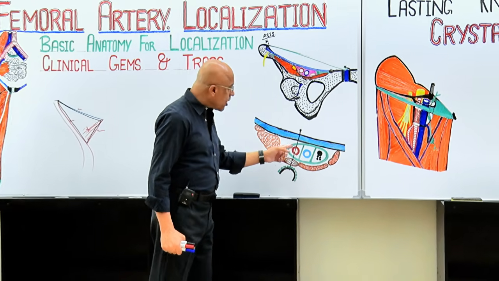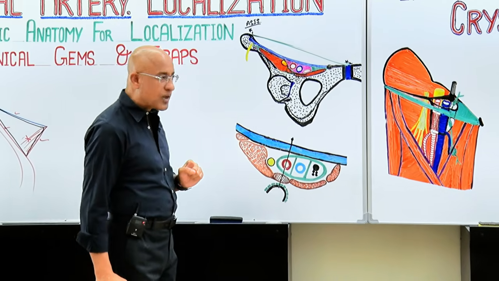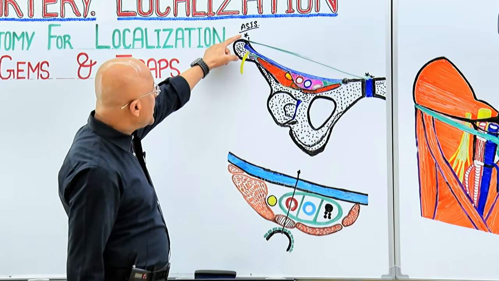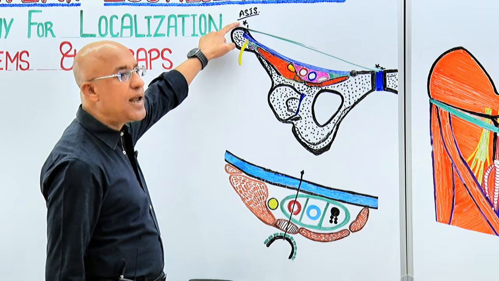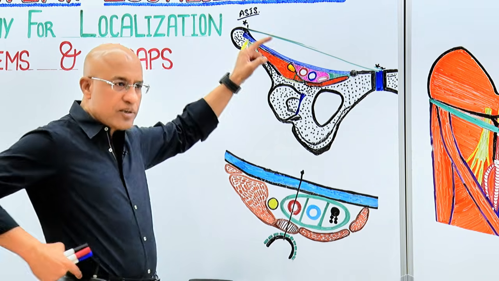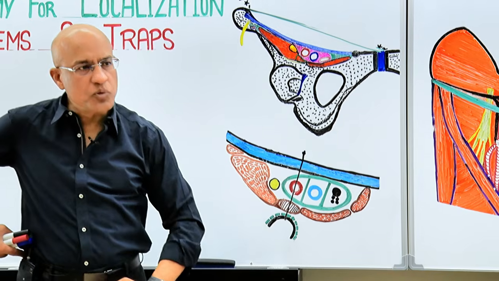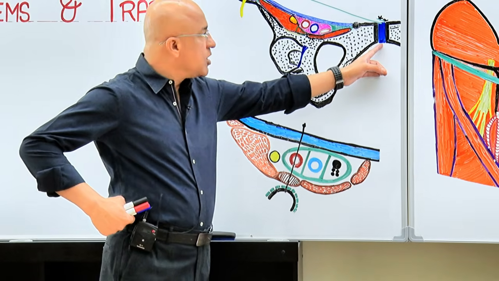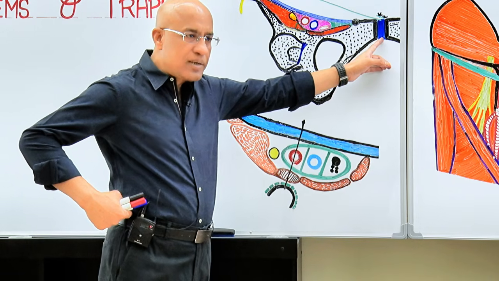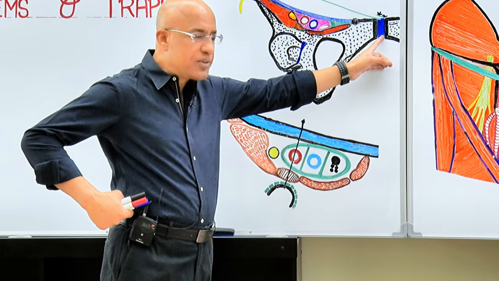Now after that, how to find this artery? For that purpose, you have to find two bony landmarks. Number one is the anterior superior iliac spine. Number two, exactly dead middle of the anterior part of the pelvis, that is the pubic symphysis.